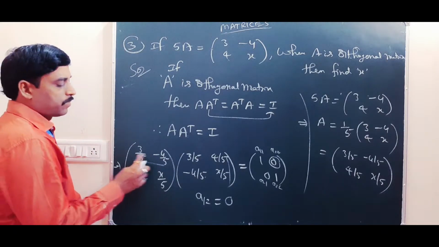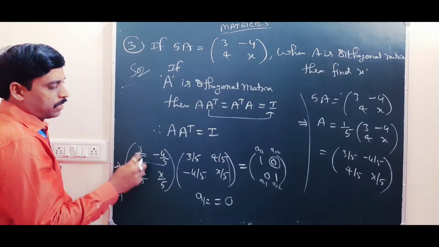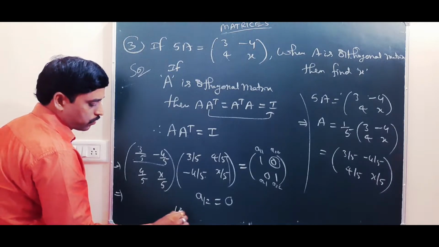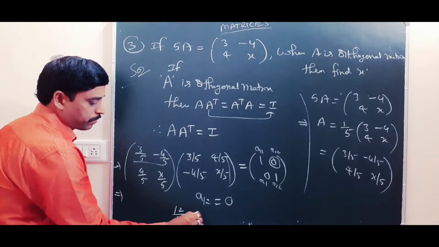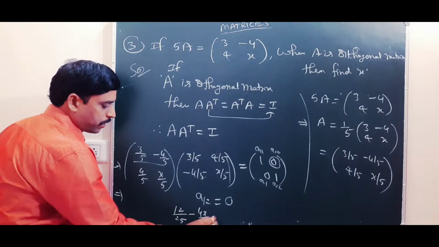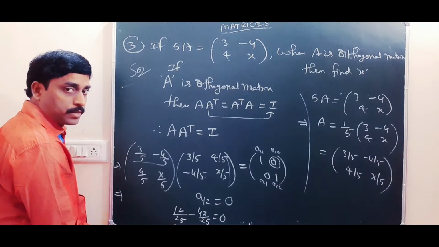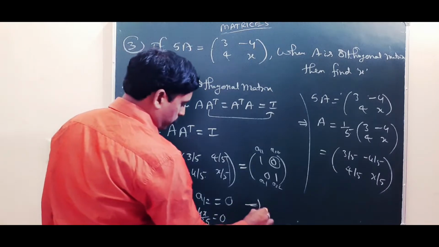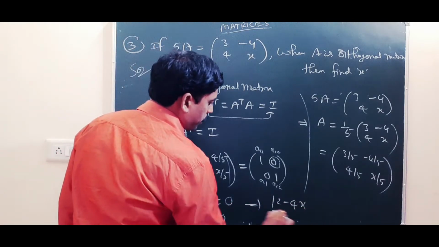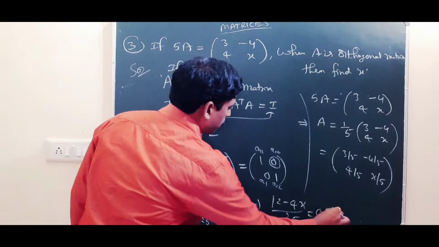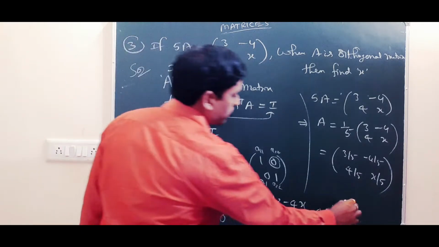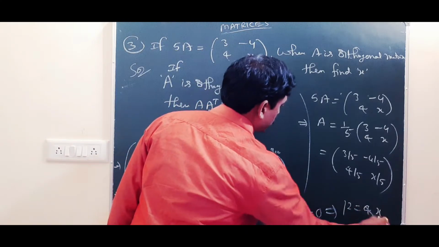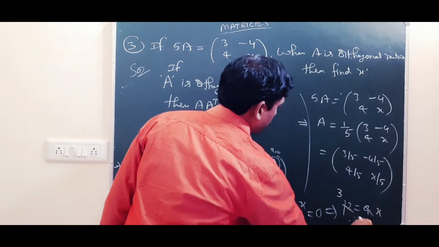So we should multiply first row and first column: 3 by 5 into 4 by 5, 12 by 25, minus 4 by 5 into x by 5, minus 4x by 25, which is equal to 0. So let us take LCM 25: 12 minus 4x by 25 equal to 0. Let us cross multiply: 25 into 0 is 0. So 12 is equal to 4x, therefore x is equal to 3.